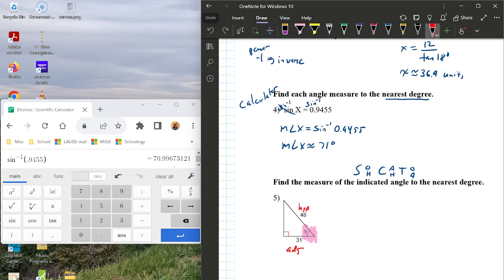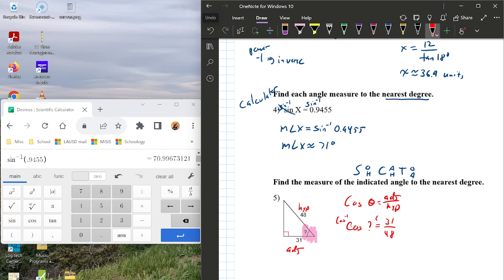So again, I'm using that basic idea. Cosine of some angle theta equals adjacent over hypotenuse. So it's going to be cosine of that question mark equals 31 over 48.